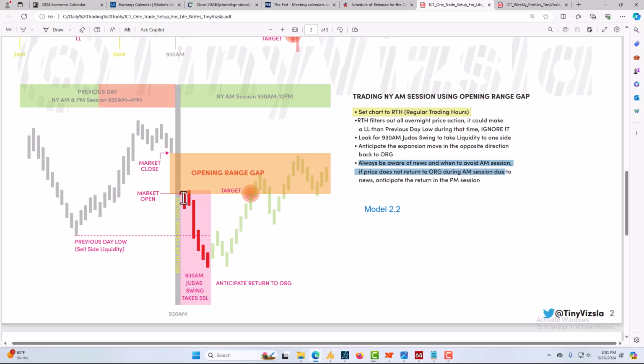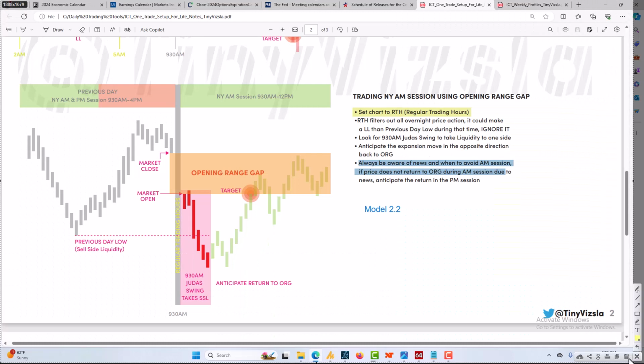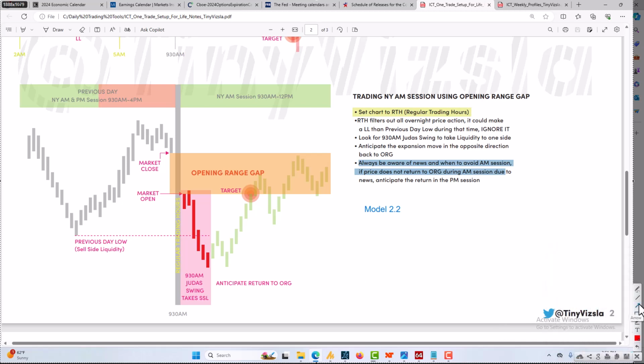Then you look at this. But if we have a bearish scenario, then you have a gap up right here, right? So basically a gap up right there.